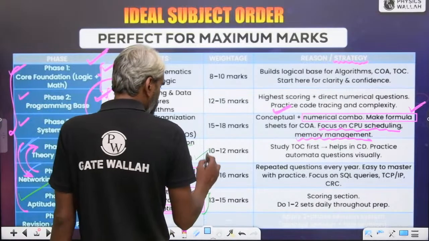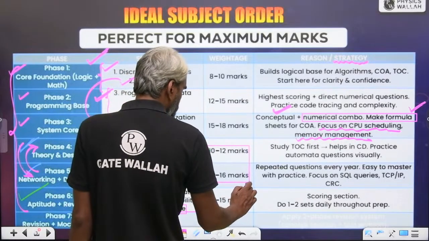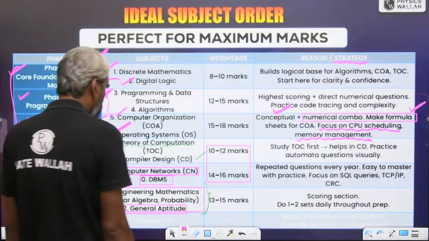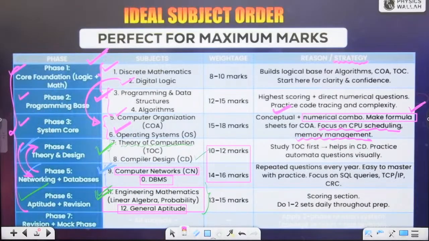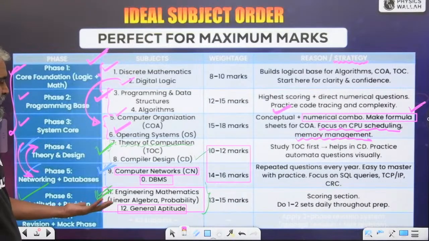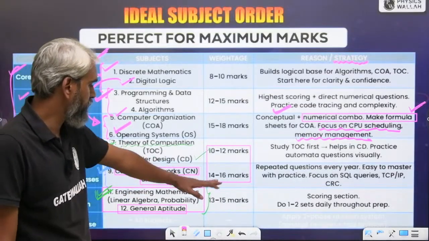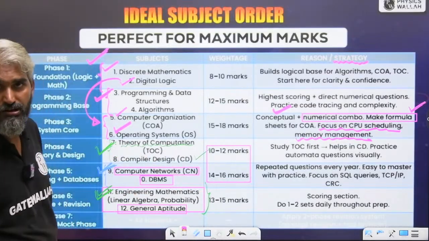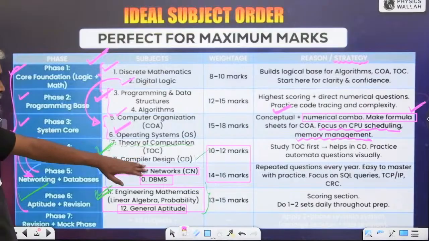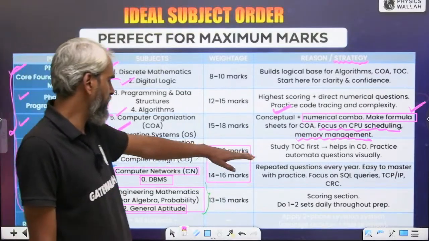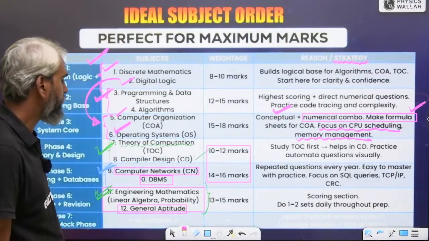These two will have almost equal weightage in terms of the time required and the marks you can obtain, because computer network is quite a lengthy subject. Computer network and database management system together are asked for 14 to 16 marks, and theory of computation and compiler design together only for 10 to 12 marks.